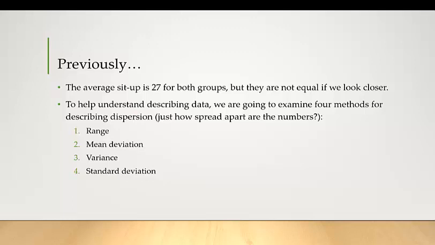Okay, so the average sit-up then for both groups is 27, but it's not equal if we take a closer look. So to help us understand a better way of describing data, instead of looking at central tendencies and looking at mean, median, and mode, we're going to look at dispersion of numbers. And we're going to look at four methods of describing dispersion. And dispersion here is saying how far apart are the actual numbers.